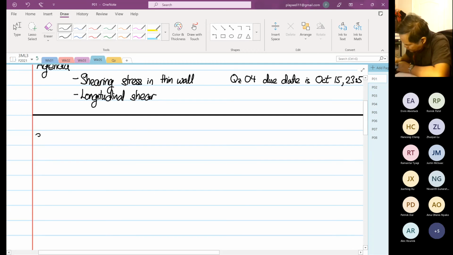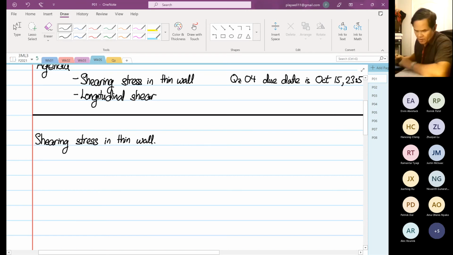We're going to look at shearing stress in thin wall. There are 2 configurations.